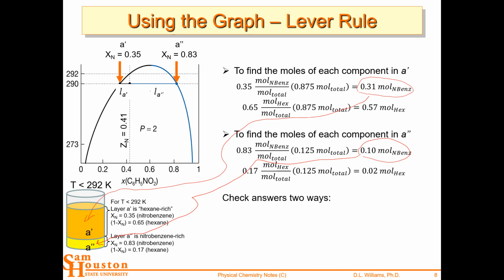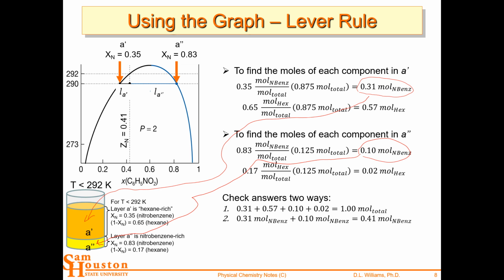So then you can check your answers in two ways, and this is nice. You can add up the total moles. So these are all the absolute mole values, so 0.31 and 0.57 and 0.1 and 0.02. That better equal 1 mole, because that's what we said was in the total system. And so that's always nice whenever you can check your work. Okay.